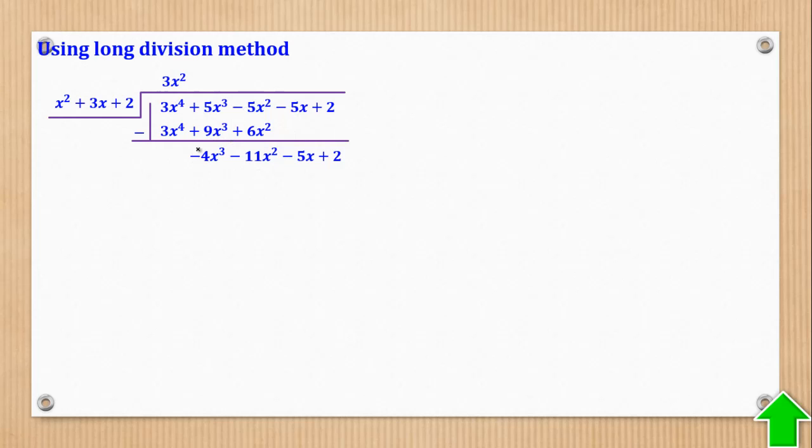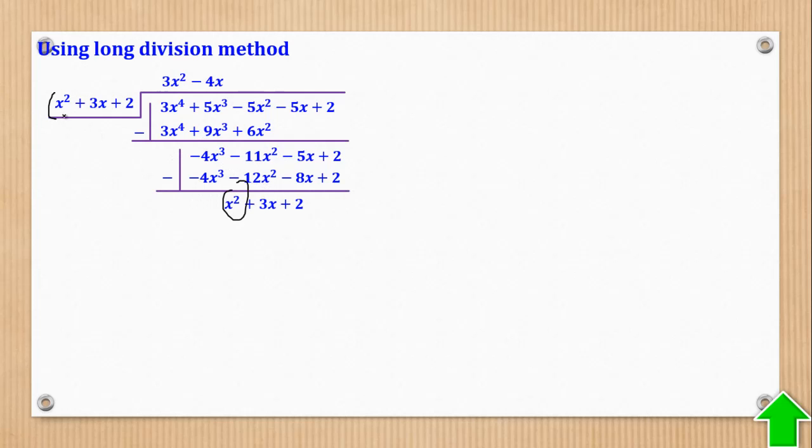Then still repeat the procedure. This divided by this, -4x. Then -4x multiplied throughout by this, you'll come up with that. Then you subtract the 2. You'll come up with this. Then still do the same.